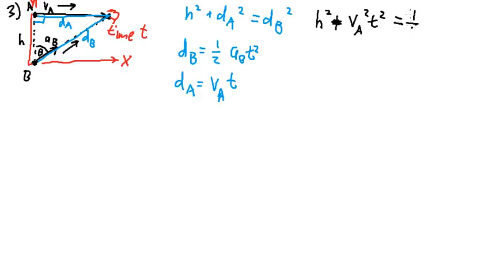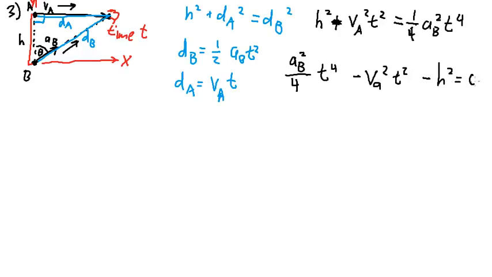It's 1/4 a sub b squared, and then t to the 4th. So what you would get is a sub b squared over 4 times t to the 4th minus v sub a squared t squared minus h squared equals 0.